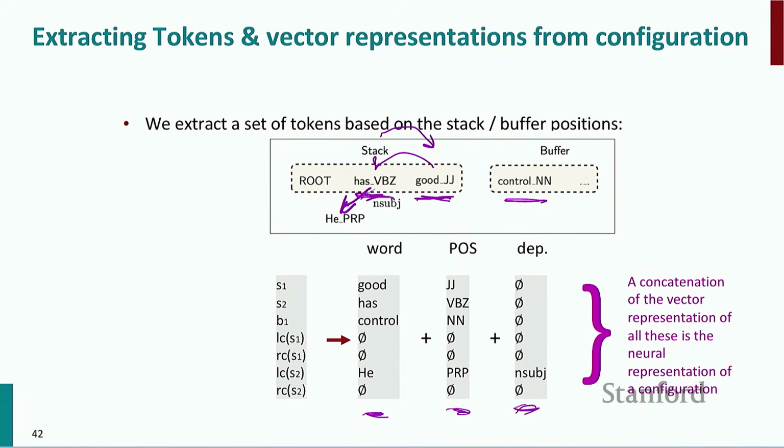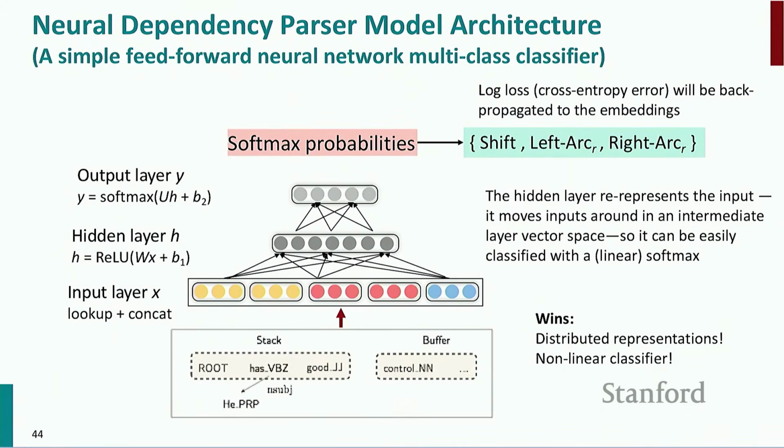And then we're going to feed that into our neural network. So our input layer is our concatenated distributed representations. We're going to put that through a hidden layer, which is like we were talking about last time, Wx plus b, then put through a ReLU nonlinearity.